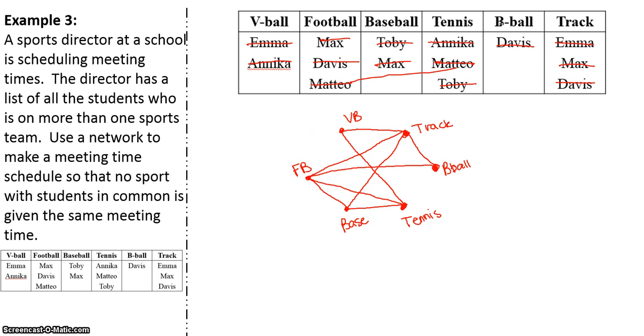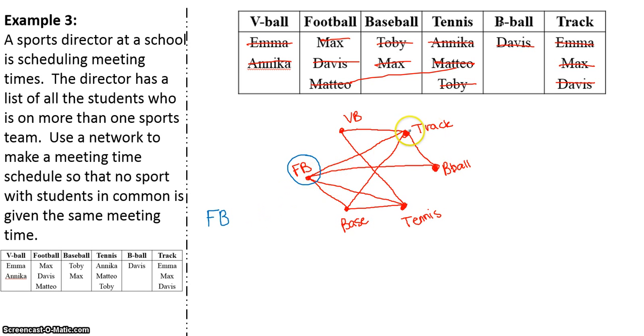So we need to make some groups. So I'm going to change colors here. I always start with whichever node has the highest degree, which in this case is football and track, so I'll just pick football. My first group is going to have football in it, and then anything else that doesn't have students in common.